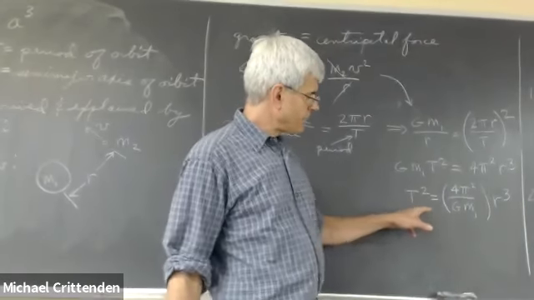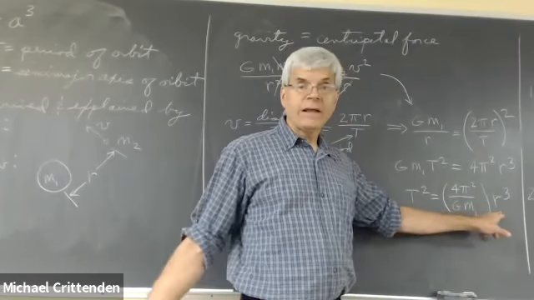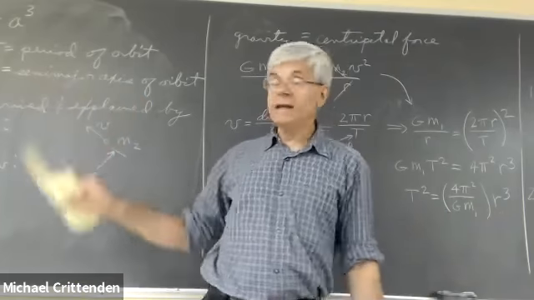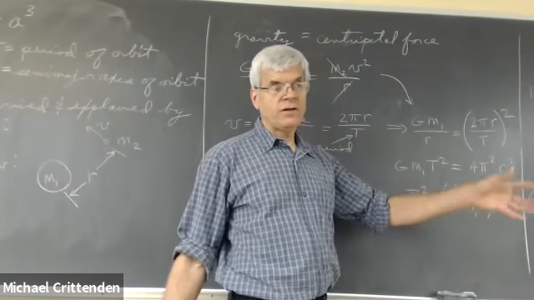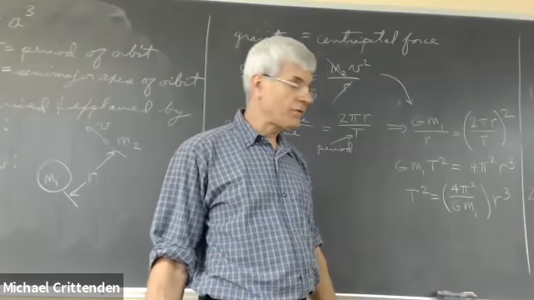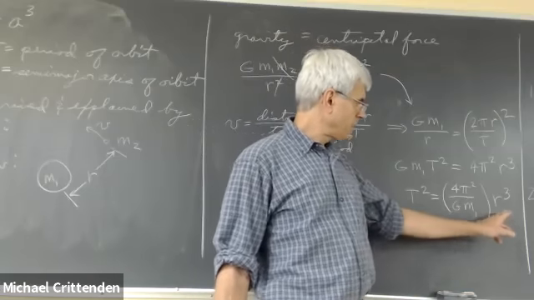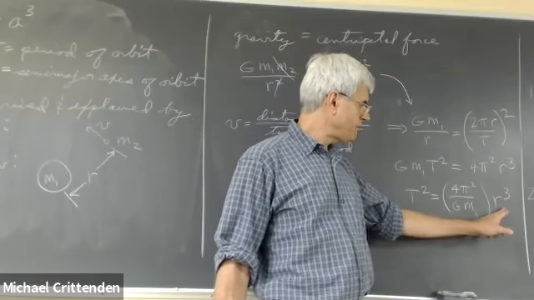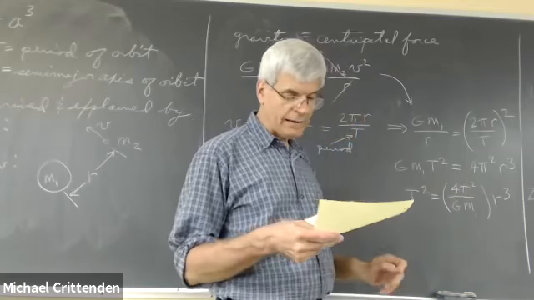T squared is proportional to, well, in an elliptical orbit, I said a cubed, but like I said, in the case of a perfect circle, the semi-major axis would just be the same thing as the radius of the circle. So square of the period, cube of the distance from the sun, and this thing in parentheses is the proportionality constant.